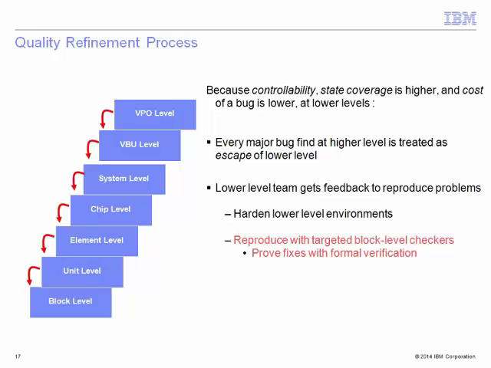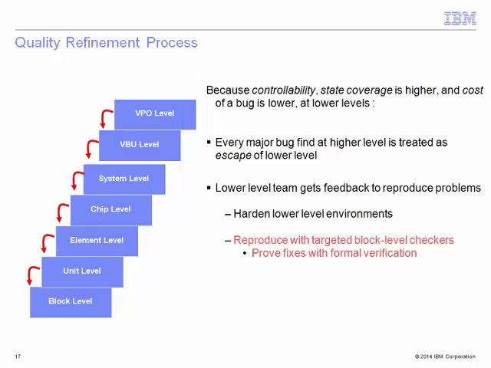So in this slide, we are talking about the same thing, the quality refinement process. Every bug that is found at a higher level, even the bring up level, power on level, will be considered as an escape of the lower level. These escapes normally happen because, one thing, we do not have formal environments for each and every unit, of course, till now.